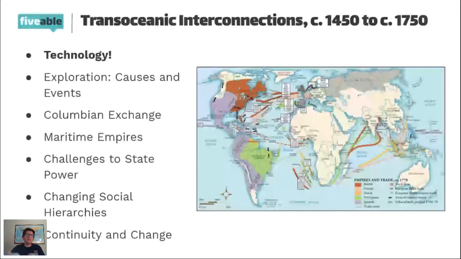All of this, especially from the last time period, 1200 to 1450, all of those connections that were being made in trade are going to be extremely important for allowing for these trans-oceanic interconnections here, this maritime trade, particularly cross-cultural interaction.